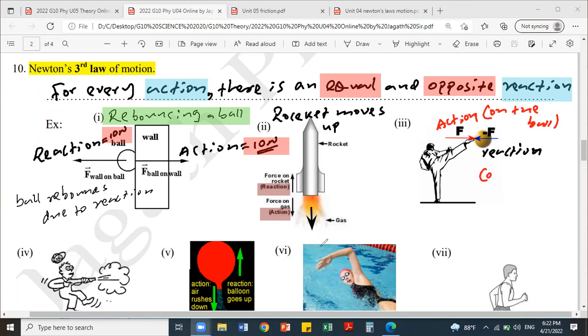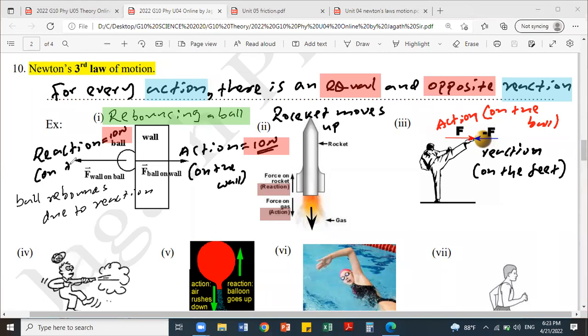You can mark that. So here also, action on the wall, reaction on the ball.